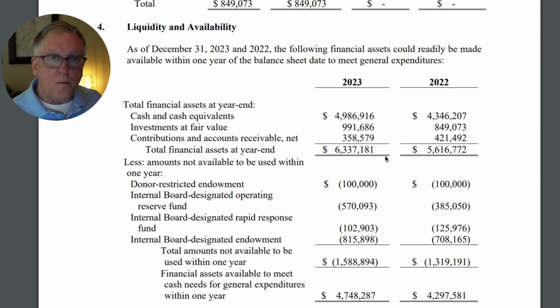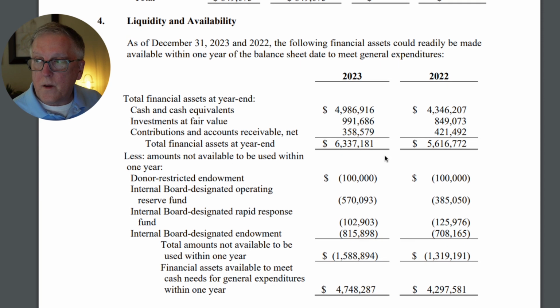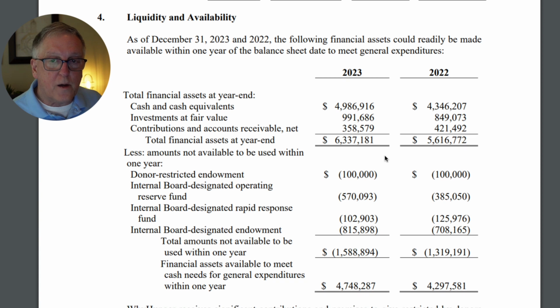Then one of the more important disclosures is liquidity and availability. A few years back, FASB came out with a new nonprofit standard requiring this disclosure so that people managing or people on the board can see how much money do we have and how long could we last without additional new monies.